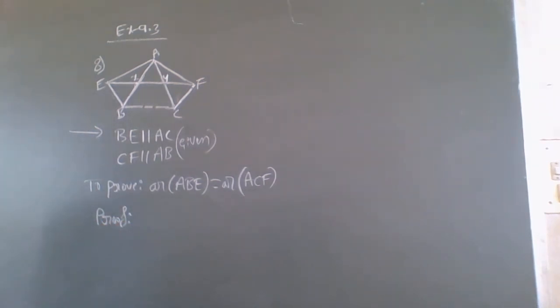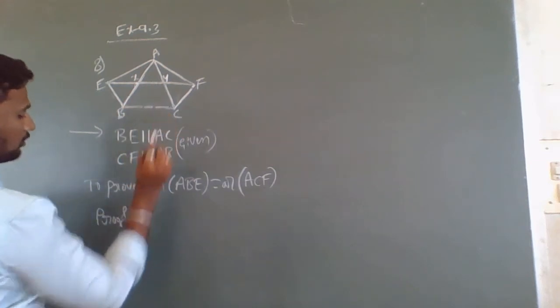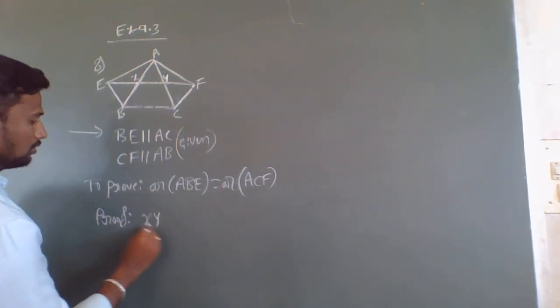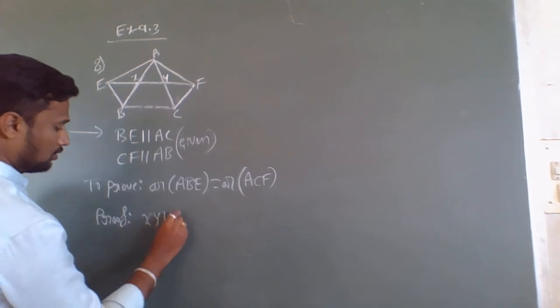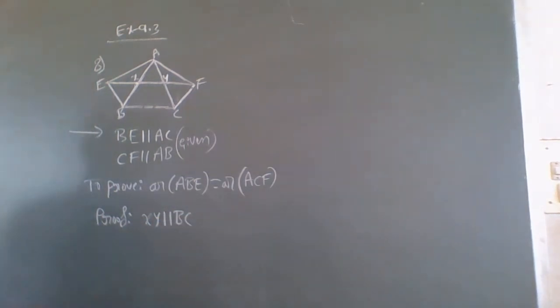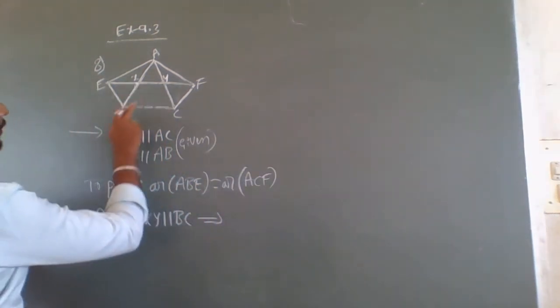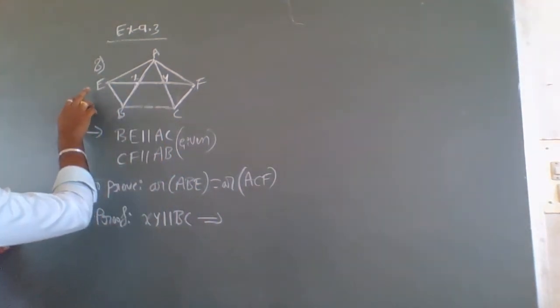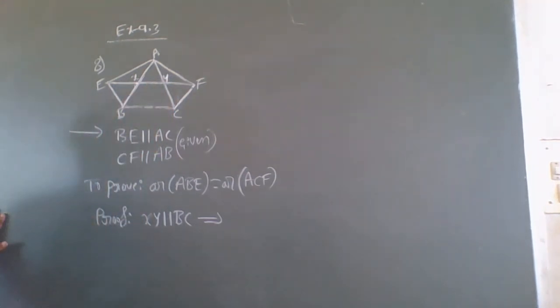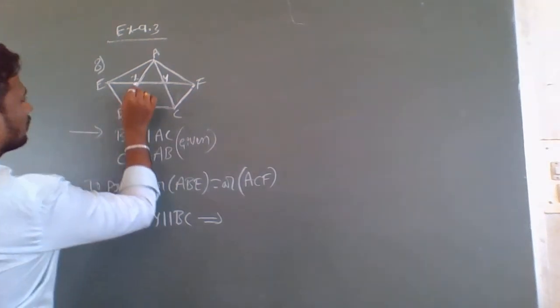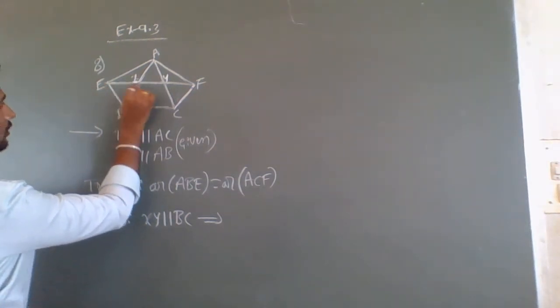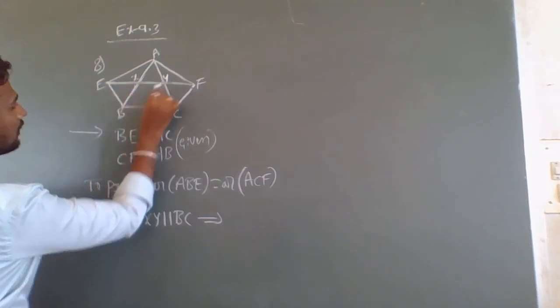Proof. So now they are given that XY is parallel to BC. Here you can see XY is parallel to BC. Means you can say that if this XY is parallel to BC, then you can say that this EY is also parallel to BC. Because here you can see this E is the extension of XY. So this EY is parallel to BC.